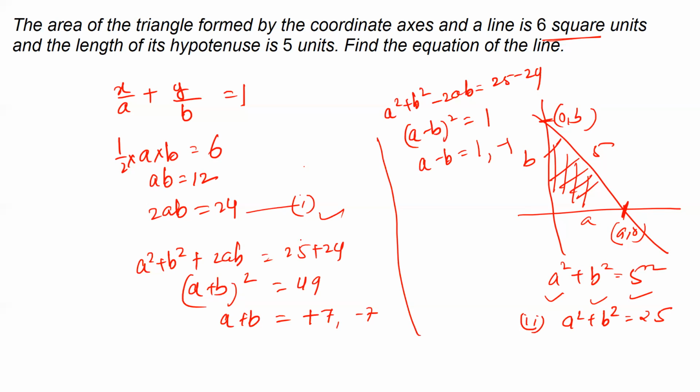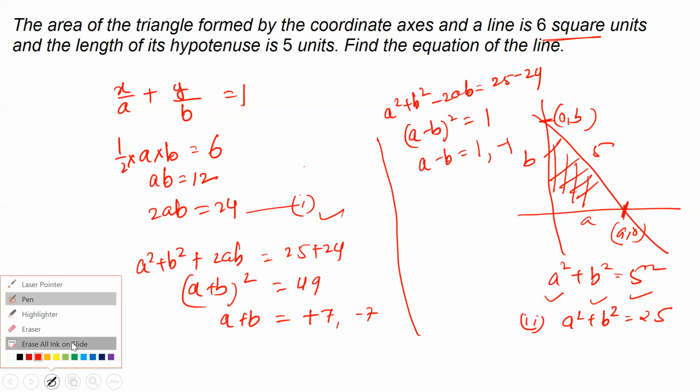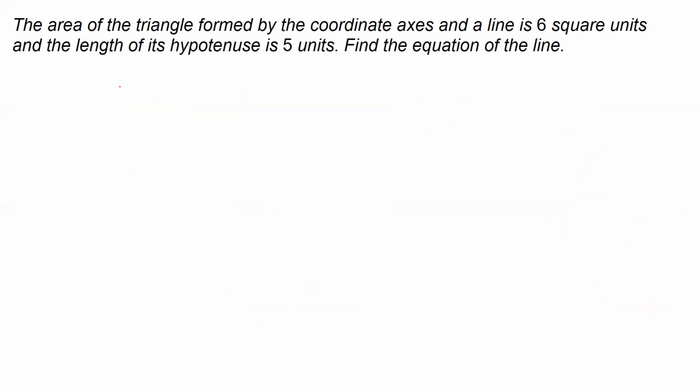All right. So what we got is that a plus b is either plus 7 or minus 7, and a minus b is either plus 1 or minus 1. So there will be actually 4 possibilities.